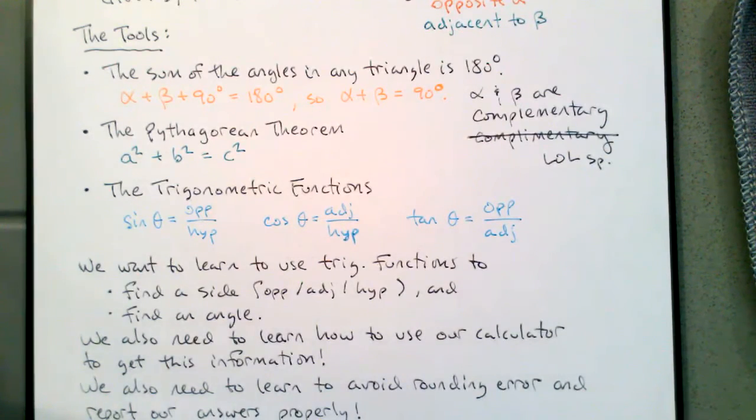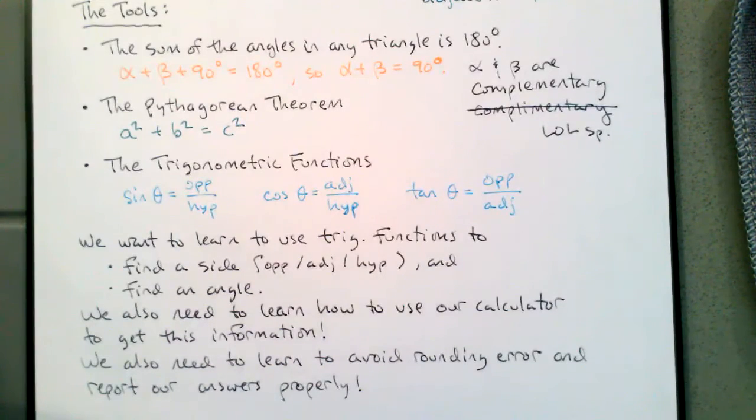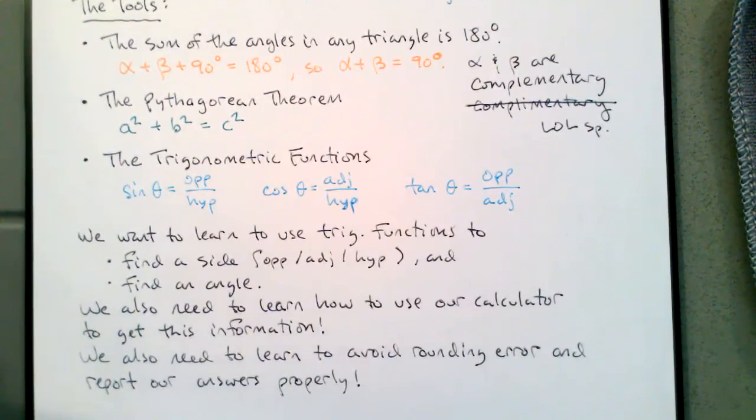We need to make sure that we understand the difference between 2.4 and 2.40. First, we need to understand that there's a difference, and then we need to understand how we know which one to use.